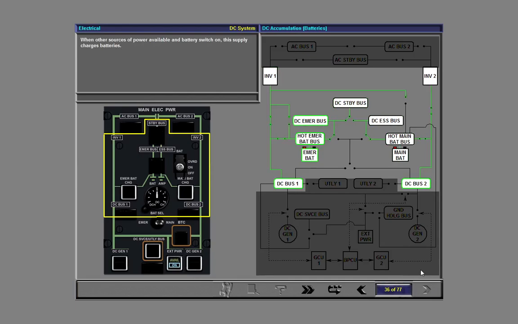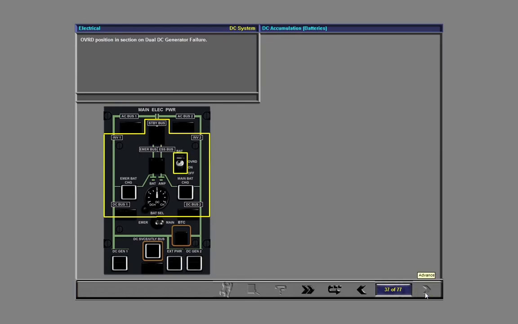When other sources of power are available and the battery switch is on, this power supply charges the batteries. We will consider the override position of the switch later in this unit in the lesson dealing with a dual DC generator failure.